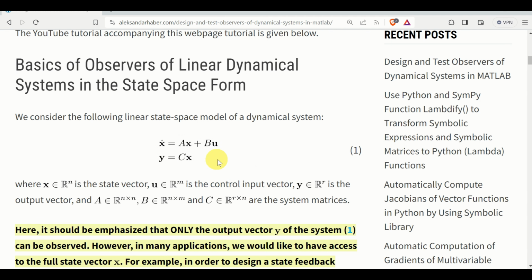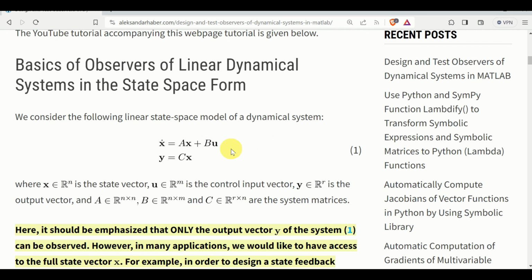However, in many applications, we would like to have access to the full state vector x. For example, in order to design a state feedback control algorithm, we need to have information about the state vector x. There are also many other scenarios in which we need information about the full state vector x.